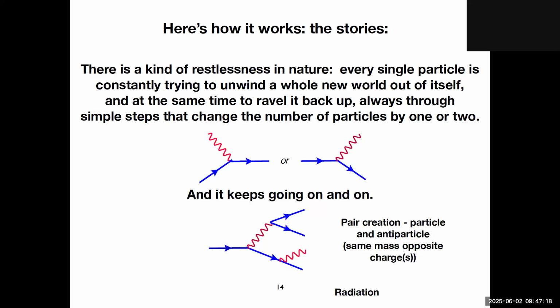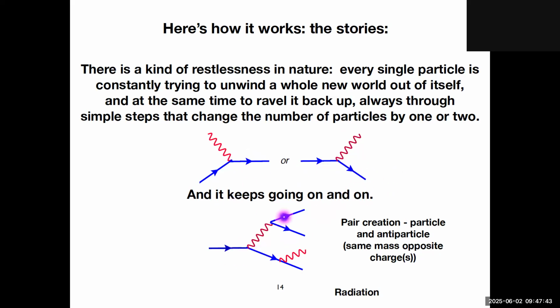And at the same time, to ravel it back up again, take everything it's given back. Always through the simple steps that change the number of particles by at most one and sometimes two. Okay, so here we come along, the electron comes on, it absorbs the photon and produces an electron. Or it might be that the electron produces the photon. And it keeps going on and on.